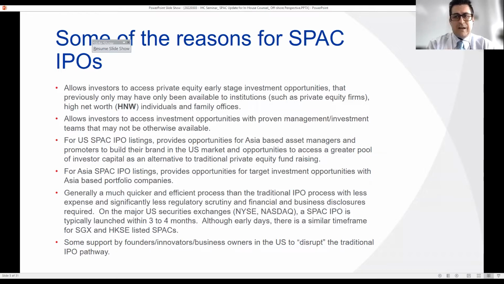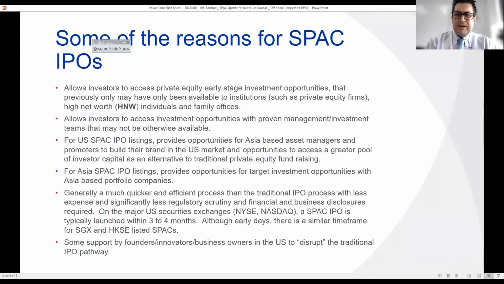And so we've seen a number of Asia-based investment managers do that by listing SPACs on NASDAQ and the New York Stock Exchange, and in doing so, growing their profile from one that was very Asia-focused to something that's global, because the investor pool of capital on the US exchanges in particular is global.